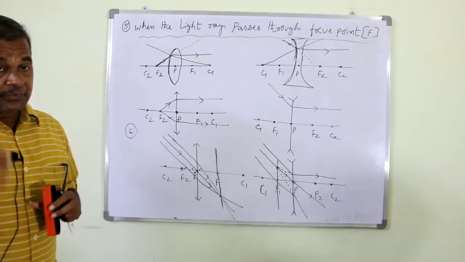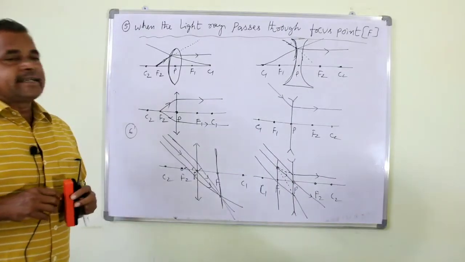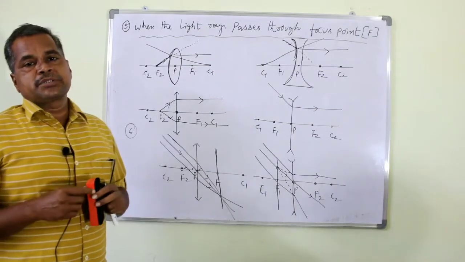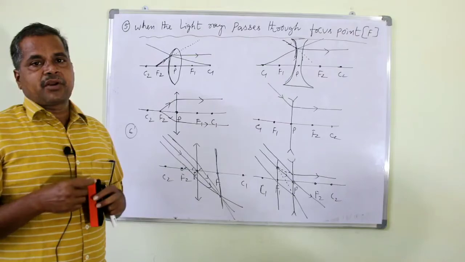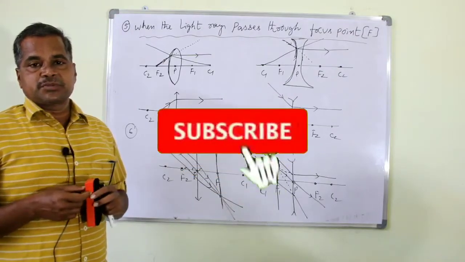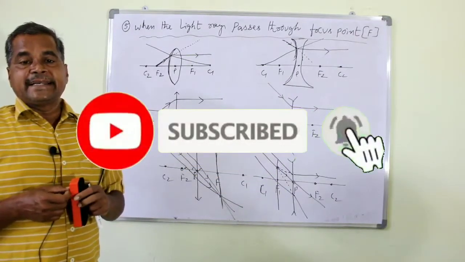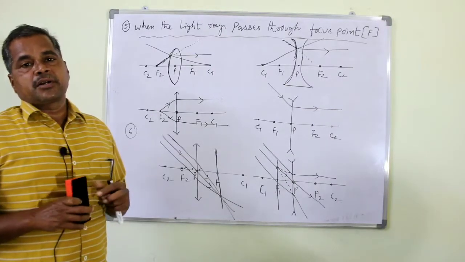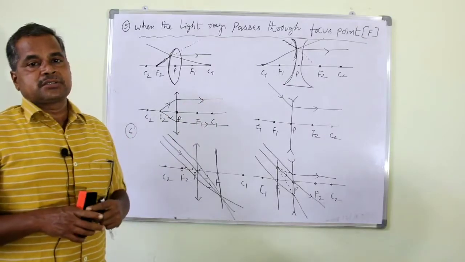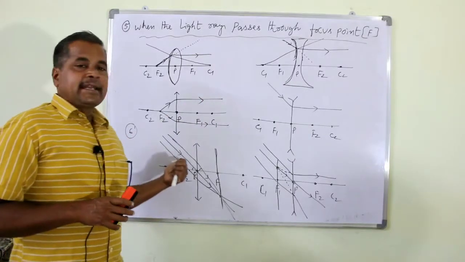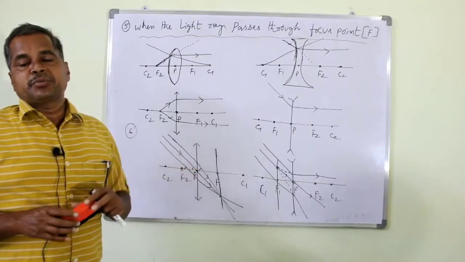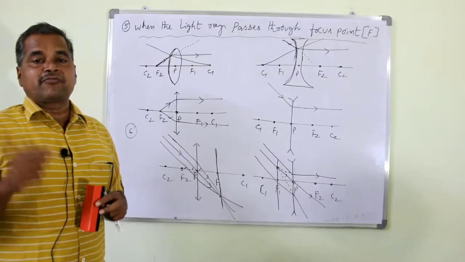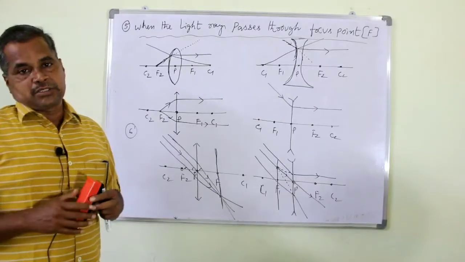Fourth case, any light ray which moves parallel to the principal axis, the corresponding refracted ray passes through the focus point. Fifth case, any light ray which passes through the focus point, the corresponding refracted ray travels parallel to the principal axis. Sixth case, any light rays which make some angle with the principal axis, the corresponding refracted rays converge or meet at one point on the plane of the focus point.